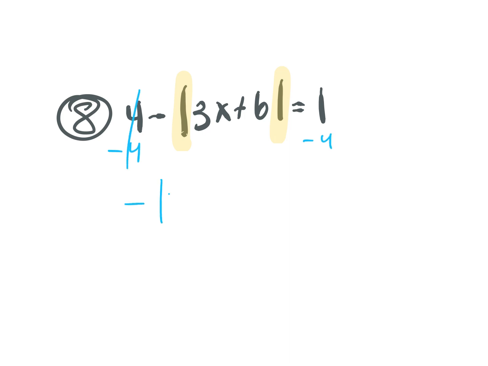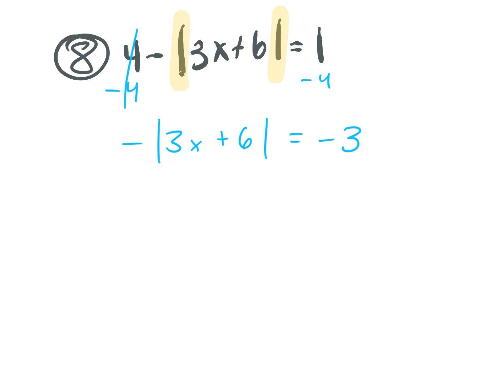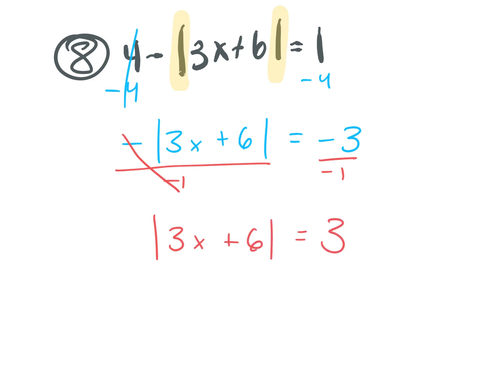So we have the negative absolute value of 3x plus 6 is equal to negative 3. What do we do next? Is my absolute value all by itself yet? I have to divide each side by negative 1 to get rid of the negative there. So I'm moving it to the other side, so that changes it to positive 3.